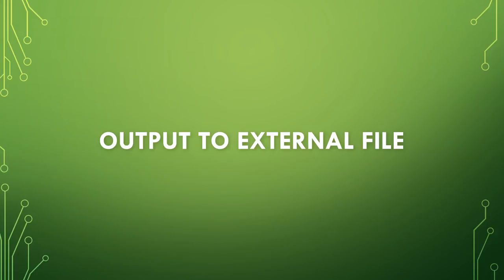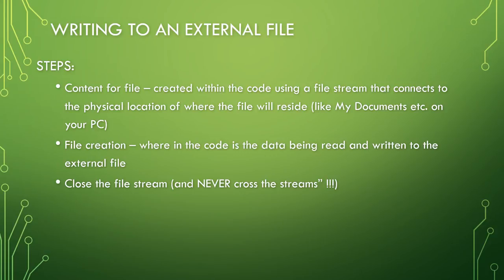So we use streams to, among other things, output data to an external file, and that could be the code itself, like the whole game itself, or maybe just a report. The steps to writing to an external file are, we need to know what the content is for the file, and that's created within the code using a file stream that connects to the physical location of where the file will reside, like My Documents on your C drive on your PC.